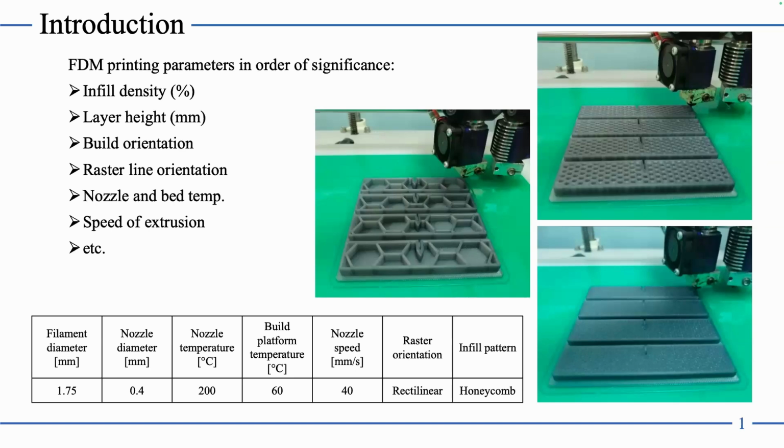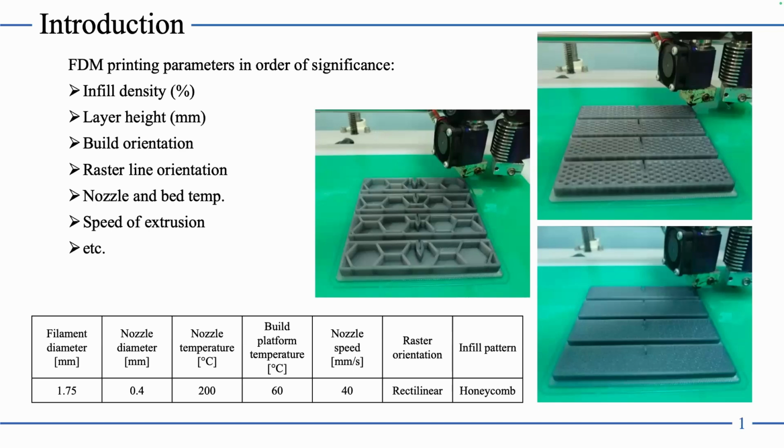For example, if you need lightweight constructions, or if you want to carry something in biomedical applications, you can use such constructions for drug carriers or so on. So here are the specimens for the fracture toughness with the full infill, somewhere in the middle, like 50%, and the 10%, the lowest we used here.